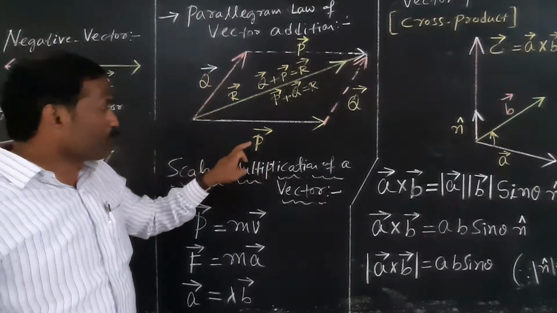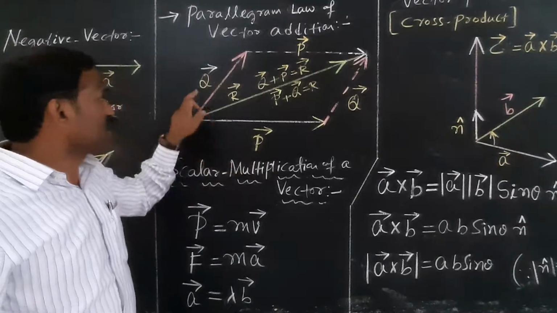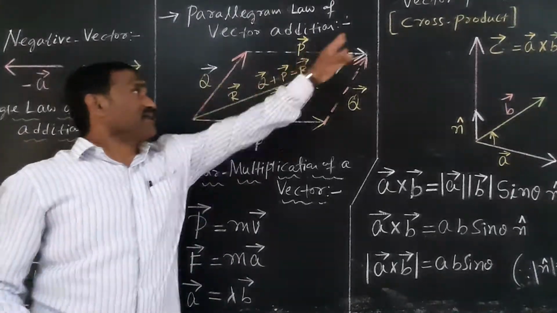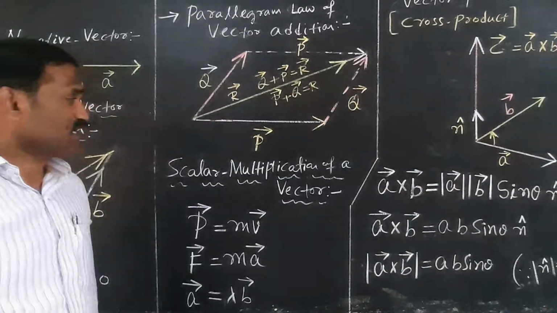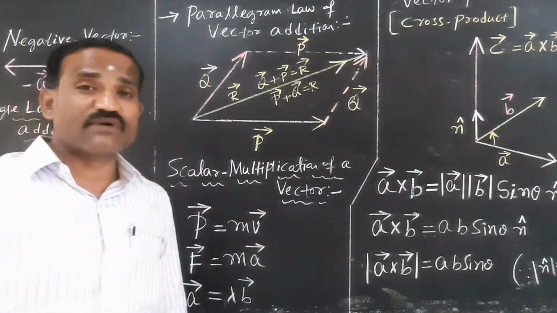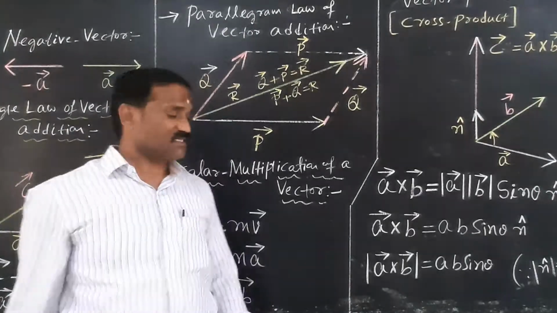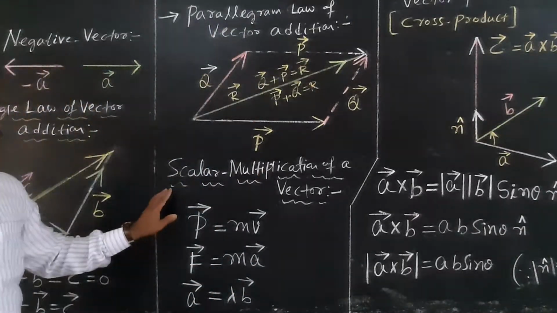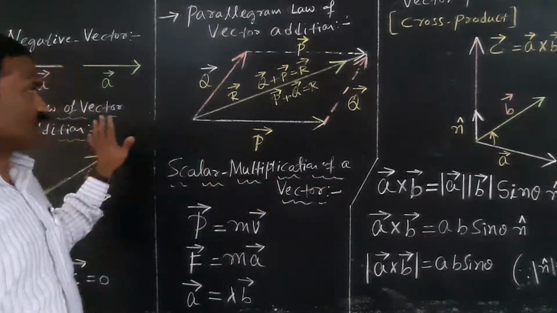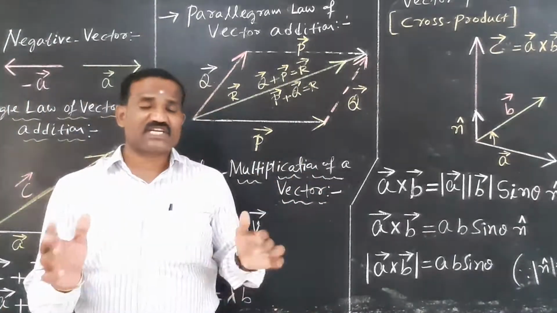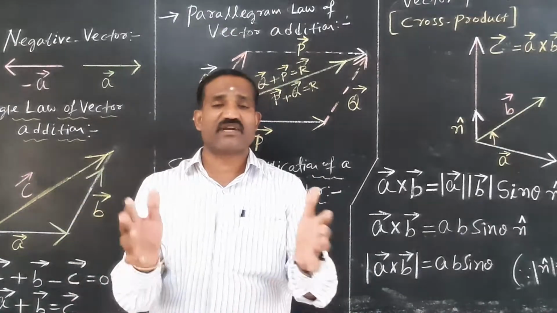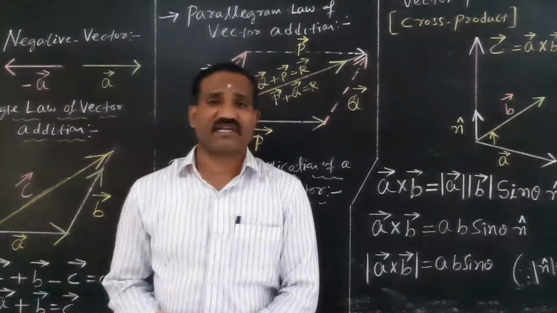The effect of P and Q is denoted by R. This is called parallelogram of vector addition. So there are two rules for addition of vectors. One is called law of triangle of vector addition. Second one is called law of parallelogram of vector addition.